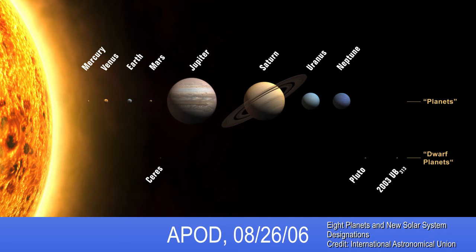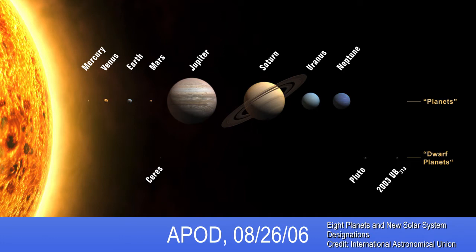They had found some really big objects, and this one marked down on the lower right, 2003 UB313, is pretty big. And there's some objects out there that are bigger than Pluto.